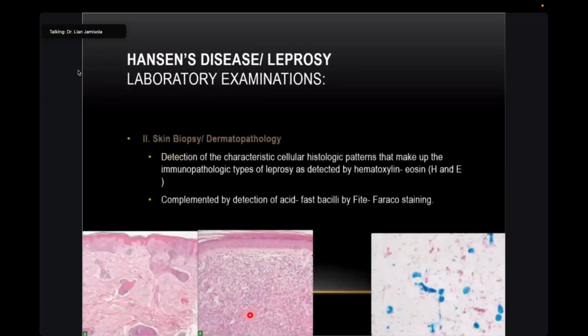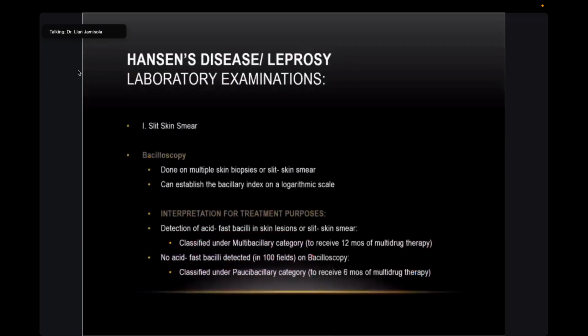Okay, so here's an example. Yan, pag maraming lesion, pwedeng Ziehl-Neelsen or acid-fast bacilli staining. This is a biopsy, but this is a slit skin smear. Okay. If there is no detection in the slit skin smear, no acid-fast bacilli detected, this is the WHO classification, classified under paucibacillary.